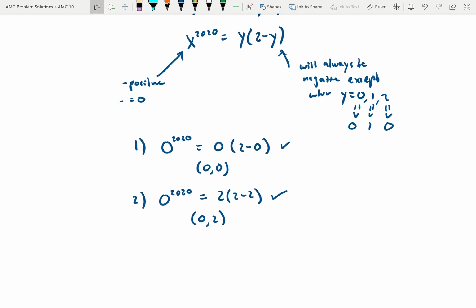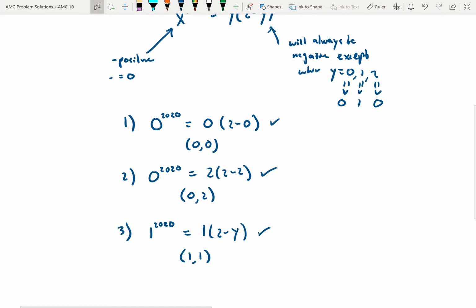Now let's consider the cases where the right-hand side of the equation is going to be equal to 1. One such case where I can get the left-hand side to equal 1 is when I have x equal to 1. So 1 to the 2020th is going to equal 1 times 2 minus 1. That checks out. So I have 1, 1.